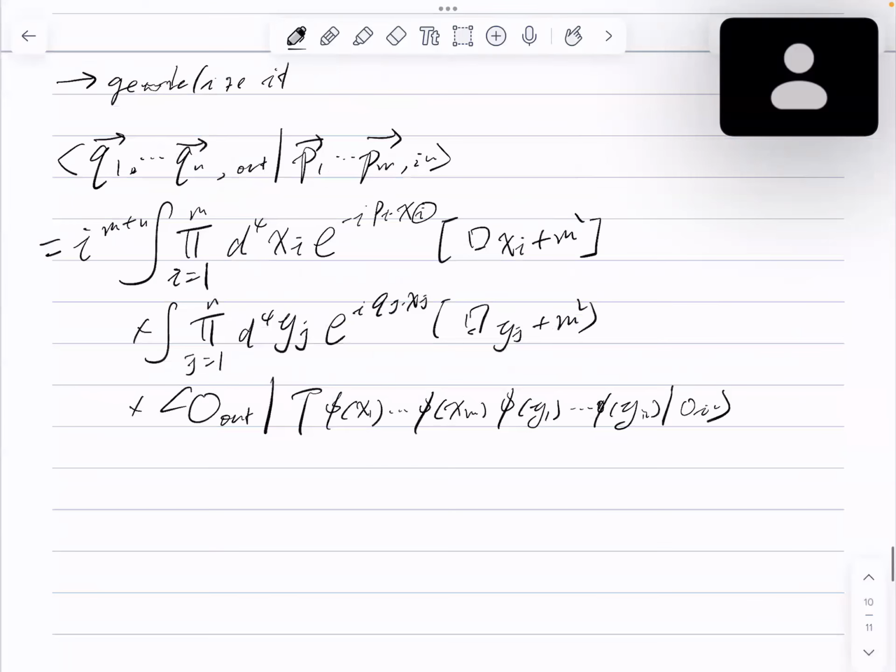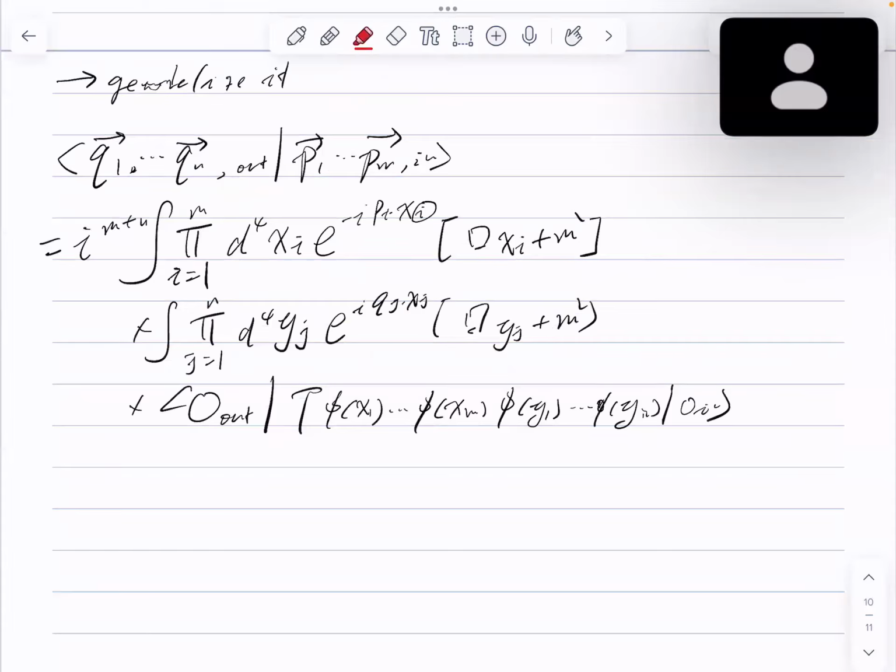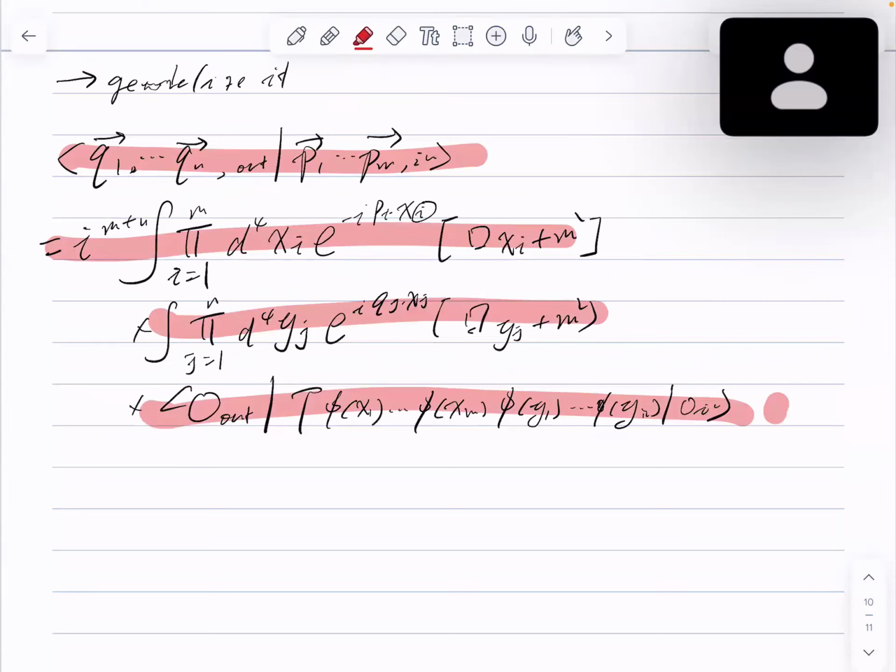And that's the final expression for the complete LSZ formula for the interacting scalar field.